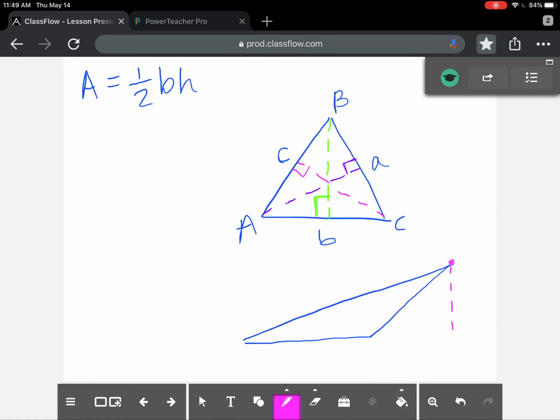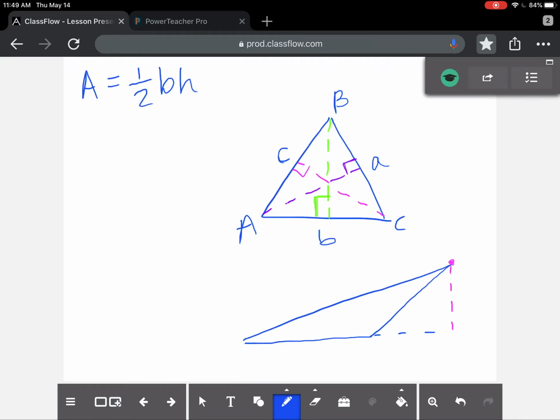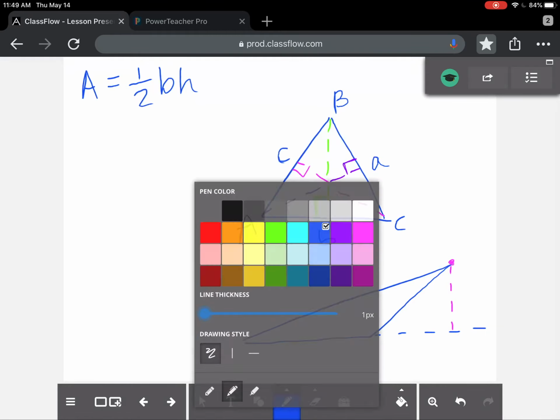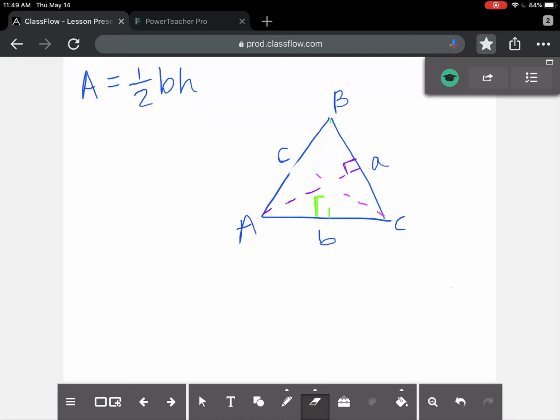And if it's an obtuse triangle, something like this, again, your height can be from any angle, but if it's from this particular angle, it has to be perpendicular to the extension of this side length.